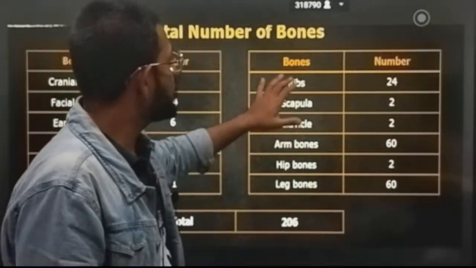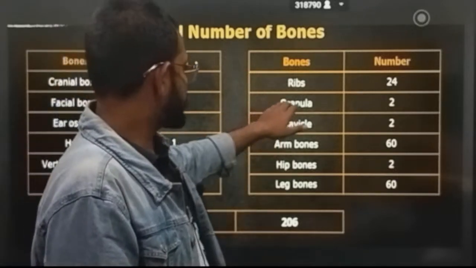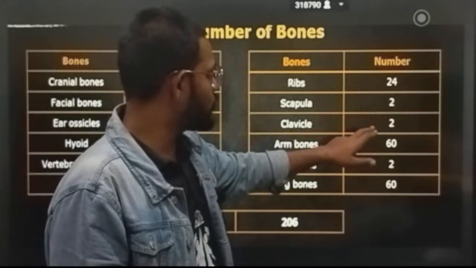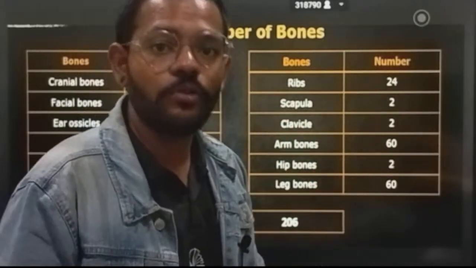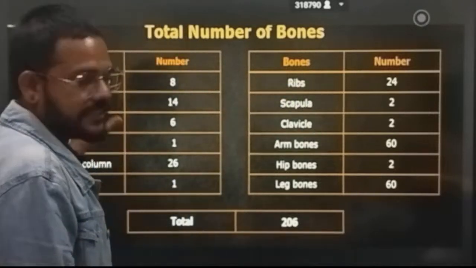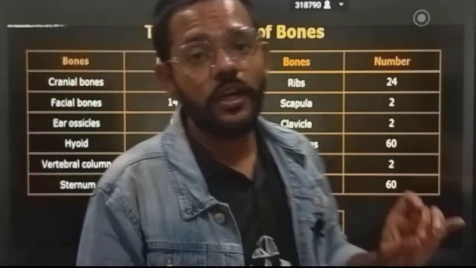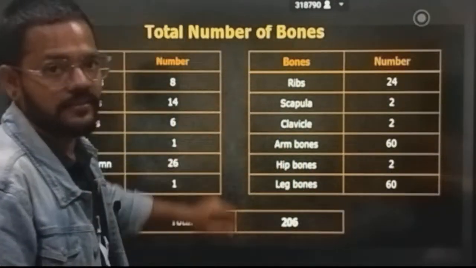Then the appendicular skeleton: scapula, clavicle, arm bones, hip bones, leg bones, 126. Ribs are present in the axial skeleton, not here, it is misprinted. So a total of 206 bones are there in your skeleton.